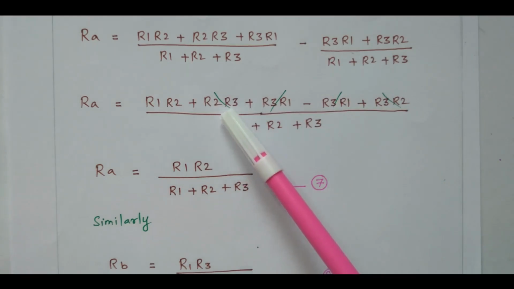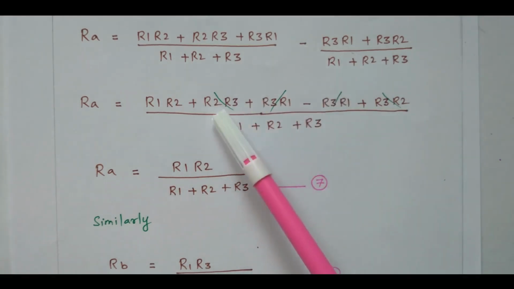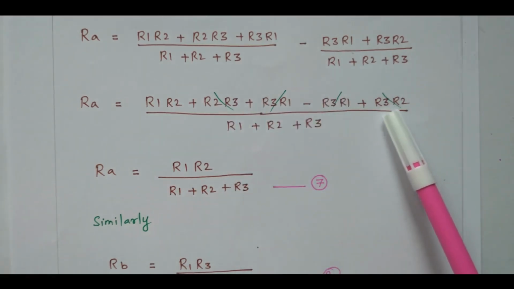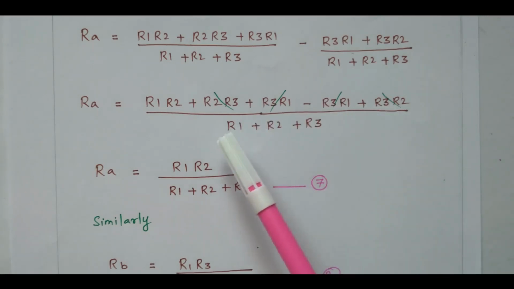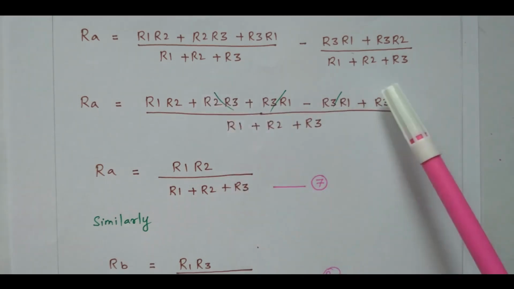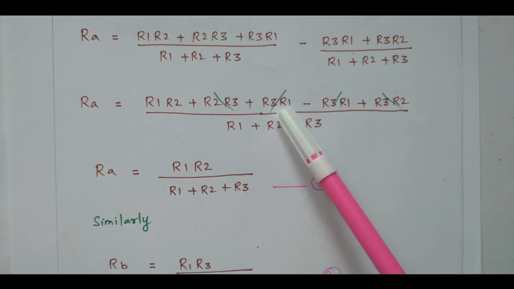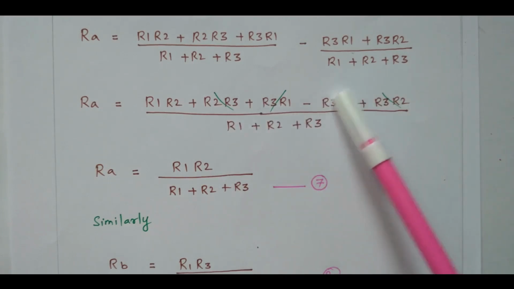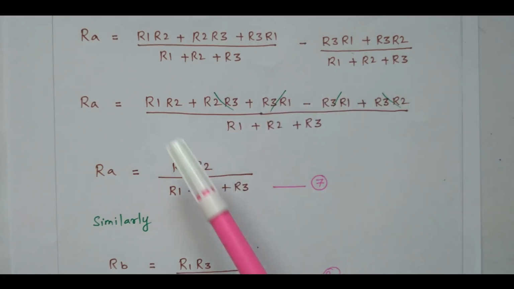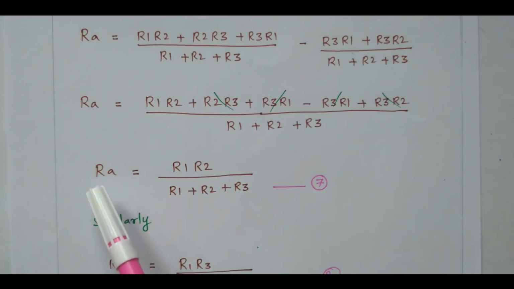This R2 R3, this is negative is there, so R2 R3 here, R3 R2 plus, this one is minus and one is plus, so these two got cancelled. Similarly R3 R1, one is plus one is minus, got cancelled. Finally we have only this term, R1 R2 divided by R1 plus R2 plus R3. Now we got the equivalent RA value, star connected network in terms of delta connected network.